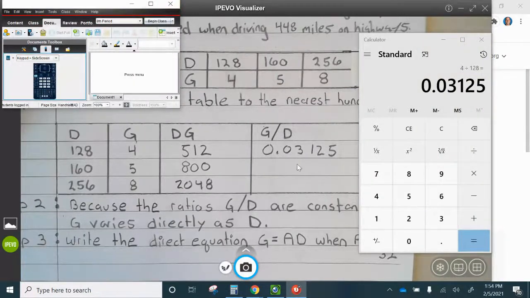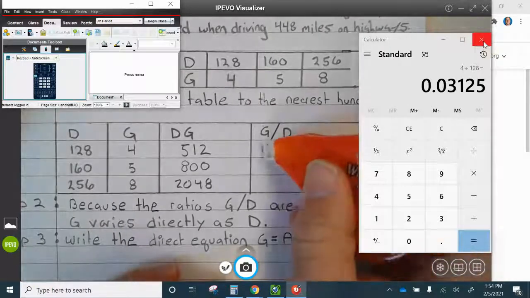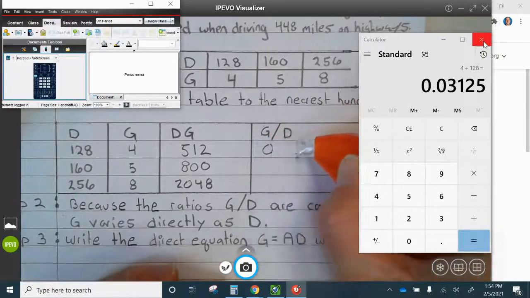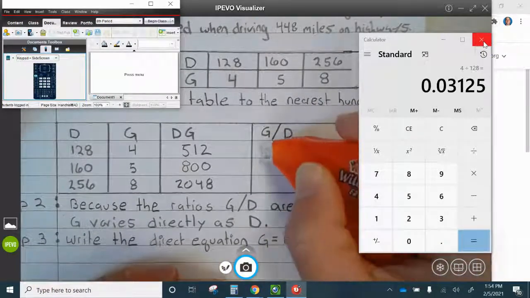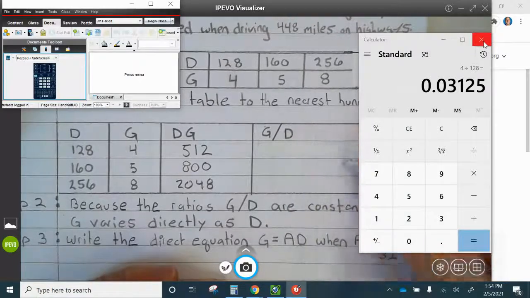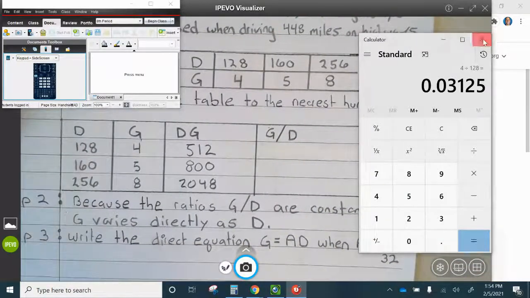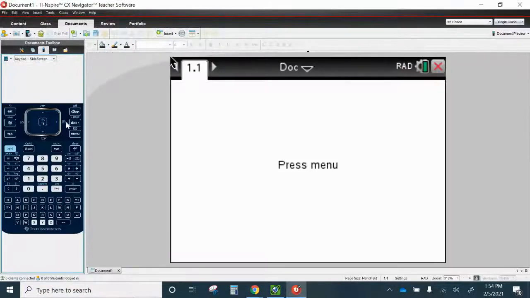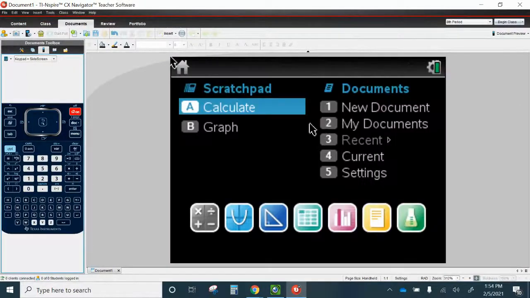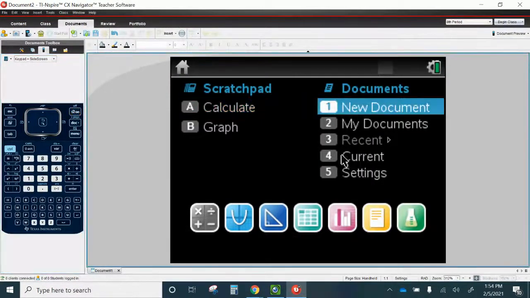Now, that worries me with the decimal, and it might make it difficult to answer the question using that. So let's see if we can use our Inspire, and we see what the fraction is for that, okay? It's not wrong. That's not a wrong number, but let's see if we can get the fraction. Okay, so we're going to go to on, new document.